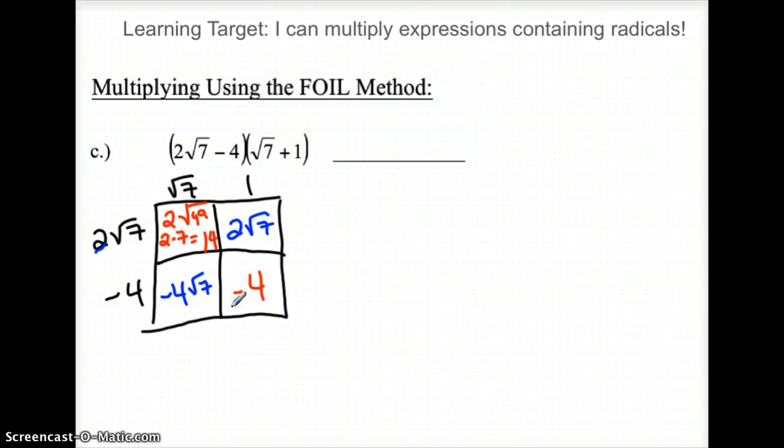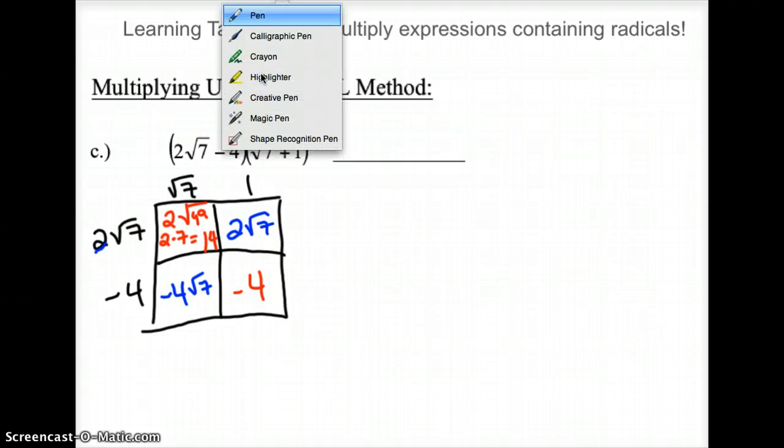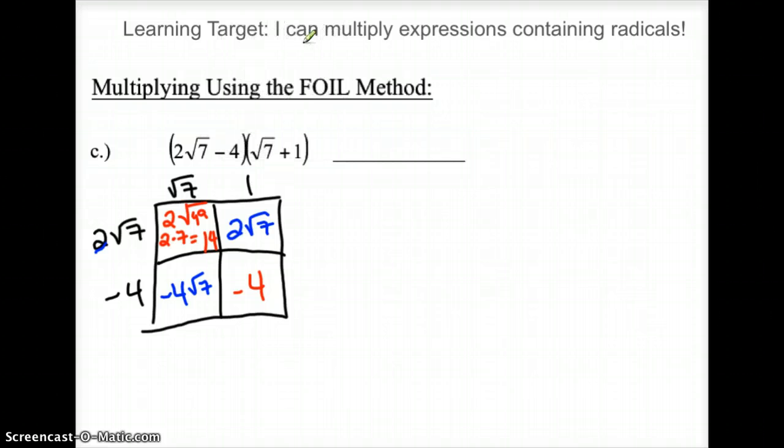So the idea to this game is to combine like terms. So let me grab my highlighter. I've got 2 terms with radical 7s, so I can actually combine them. And then I have, let's see, what else do I have? I have a 14 and a -4 that I could eventually add together.